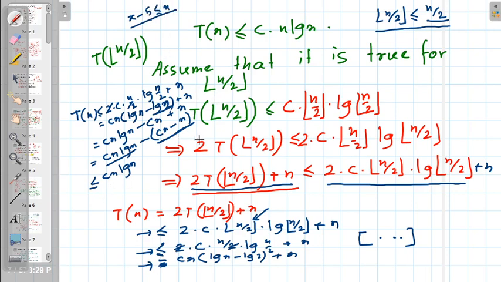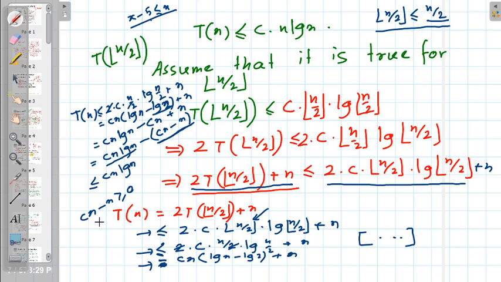Definitely. But we have to have the case that Cn minus n should be greater equals to 0. Then it is Cn log n minus 0 at worst case, so it will equal Cn log n, and with more positive quantity subtracted it will be definitely less equal to Cn log n.